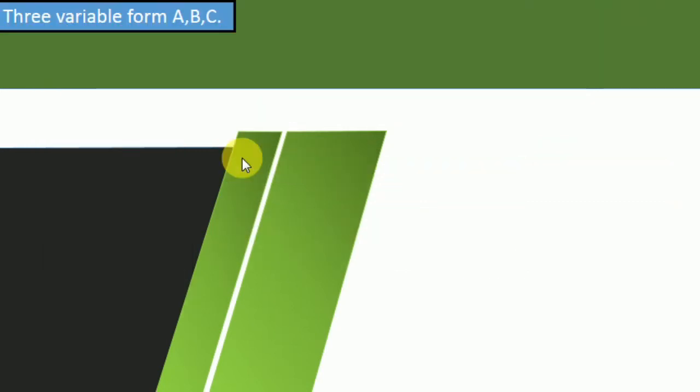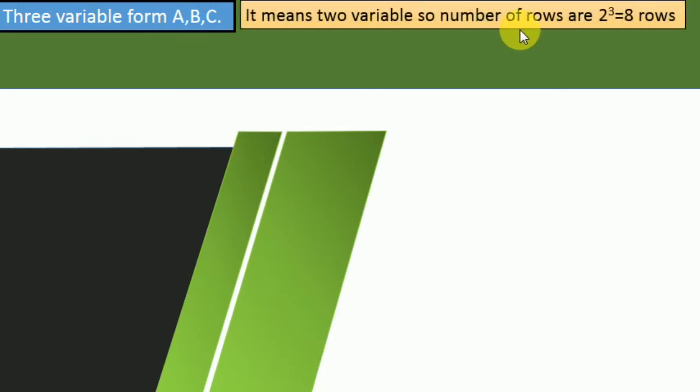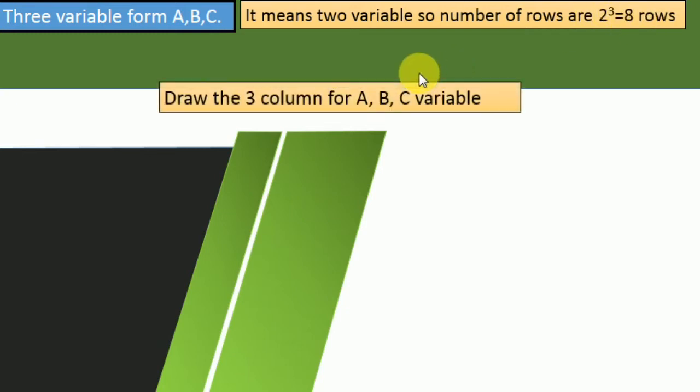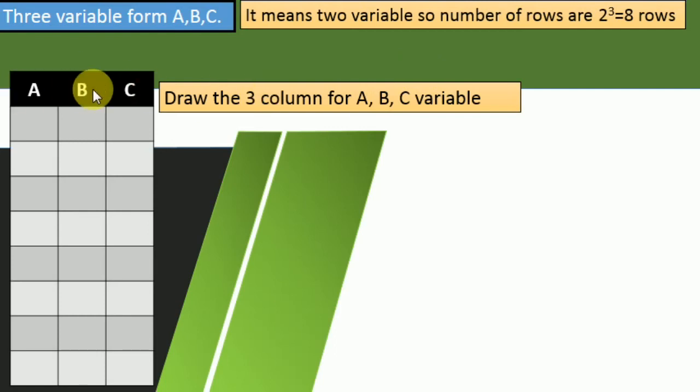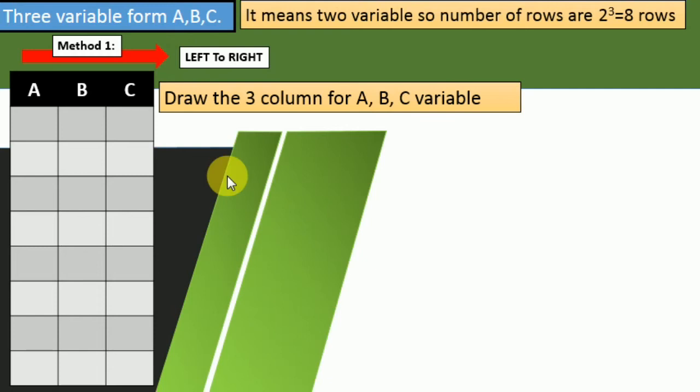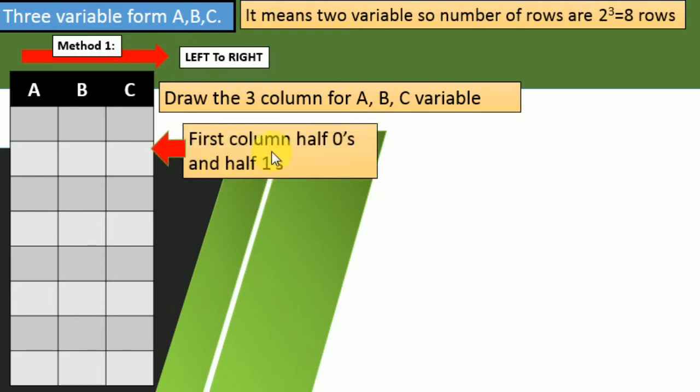Now we talk about the three variable form, A, B and C. How many rows are going to be there? 2 to the power 3, that means 8 rows. So first draw the three columns A, B, C, and there are 8 rows. Now again using method 1, left to right, what is the first thing? In the first column, the first half is zeros and the second half is ones.